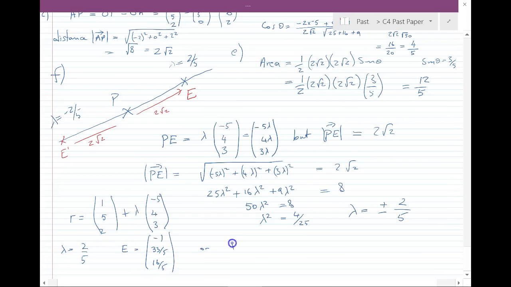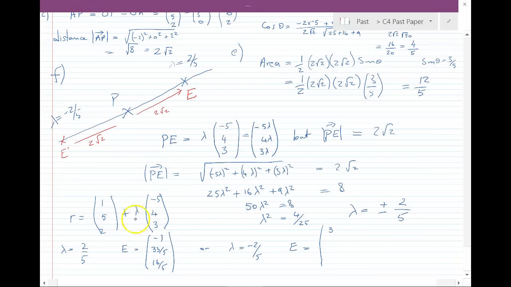Or, if lambda equals minus 2/5, I won't bother calling it E dash now, E equals 2, put in minus 2/5 in there, minus 2/5 times minus 5 is equal to plus 2, so that will give me 3. Minus 2/5 times 4 is minus 8/5.